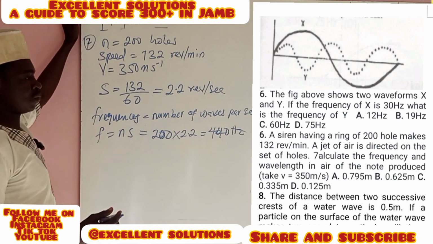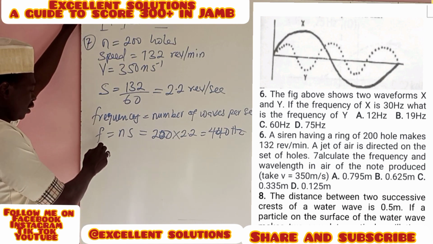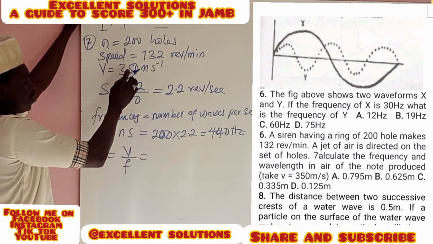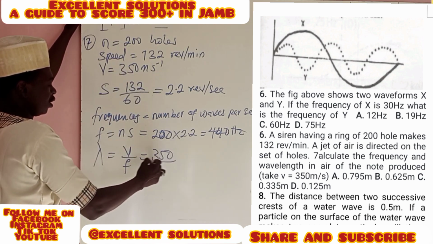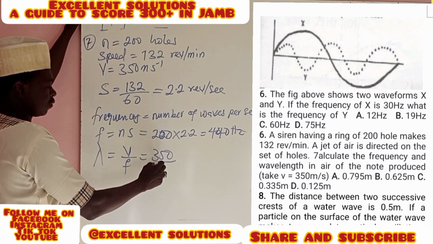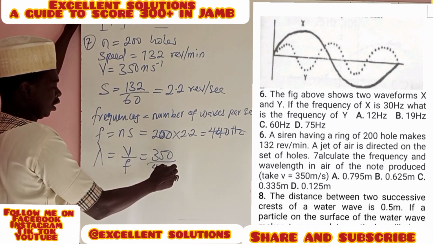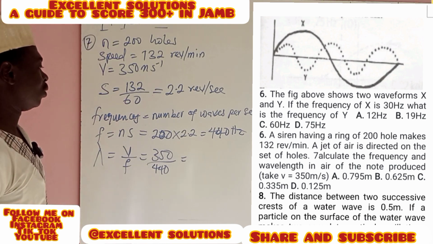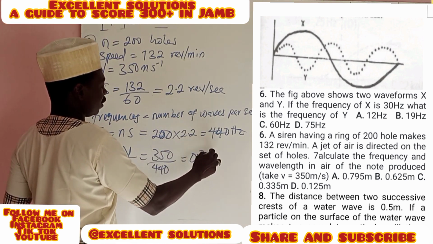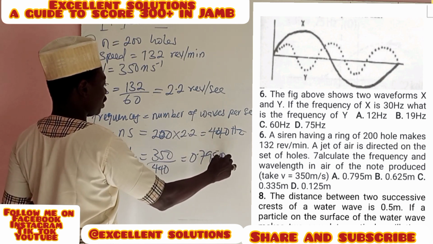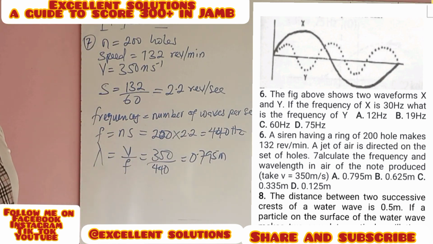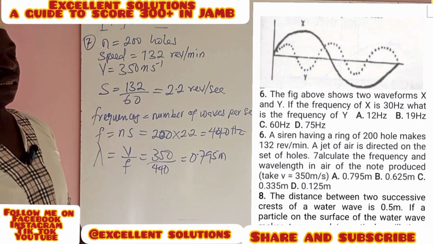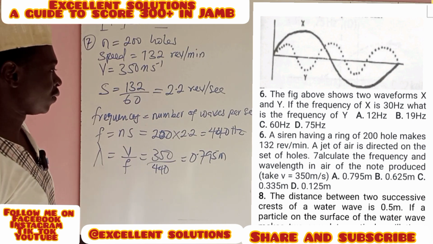Remember, wavelength lambda equals V upon F. Our V is 350 divided by our frequency, 440. When we divide 350 by 440, we get 0.795 meters. Looking at our options, option A has 0.795 meters, and the answer here is option A.